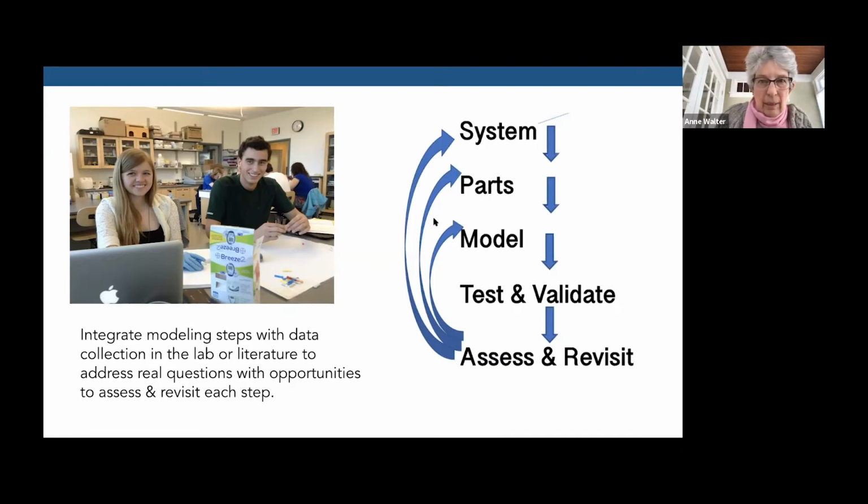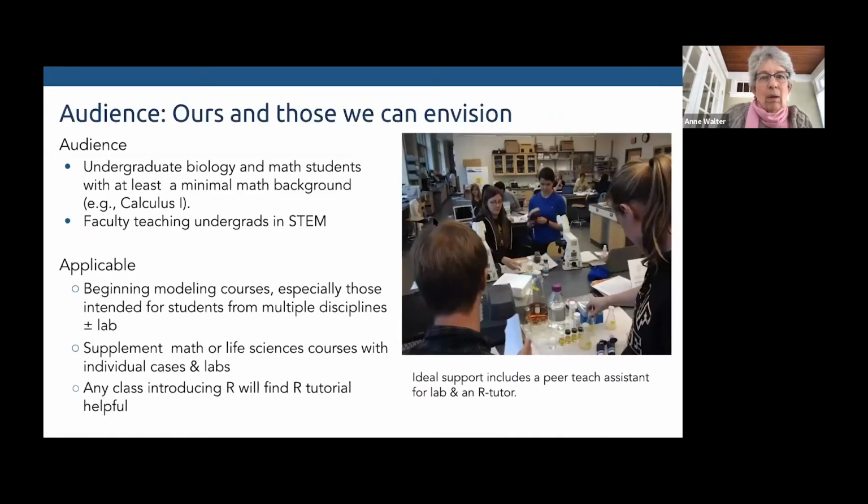So then, when we were teaching this class, our class in our text really fits our situation. We both teach undergraduates, both at UNCA and certainly when we started together at St. Olaf. So we're thinking particularly about undergraduate biology and math students with a minimal math background.